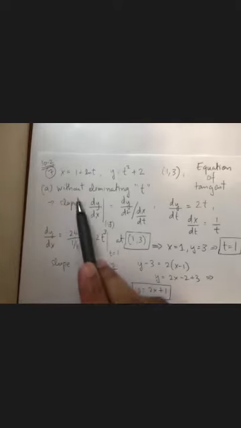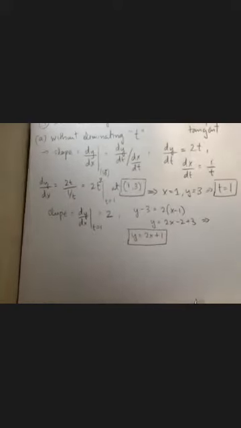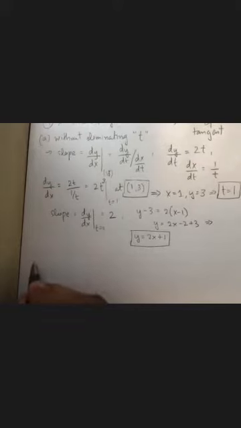So this is equation of tangent by the method of without eliminating t. Now there's another method. First eliminating the parameter.